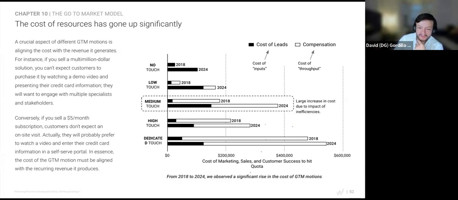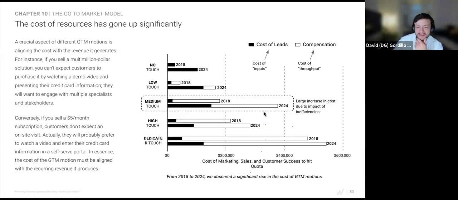In particular, for medium touch, this is the one in which we have SDRs. If you compare the salary of an SDR 15 years ago and the salary of an SDR today, and even adjusting for inflation, you'll see that those salaries have increased dramatically.